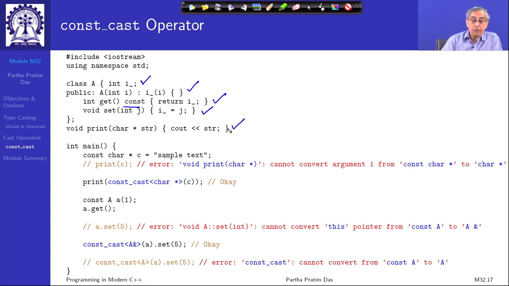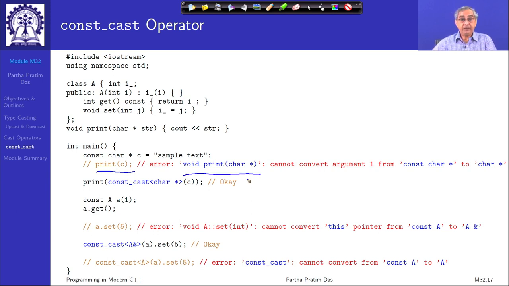Then I have a global print function. So, here is a pointer to a constant string. This side is const, so I cannot change the string. Now, if I try to pass this as a parameter to print, I will get an error.